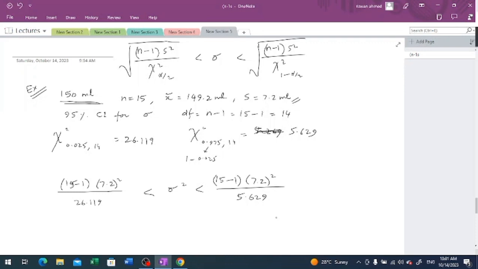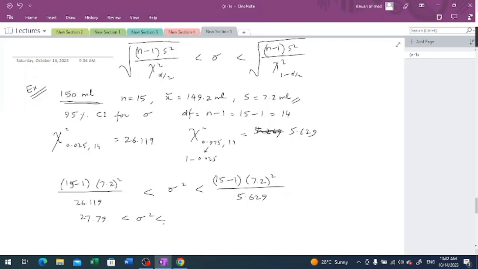So 14 times 7.2 squared and divide by 26.119 gives us the answer as 27.79, and that's for the variance.